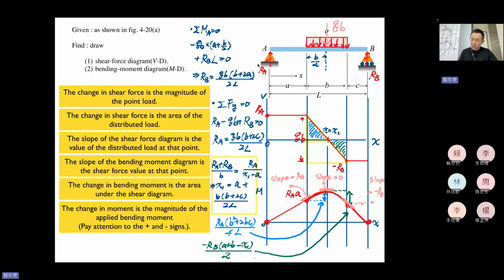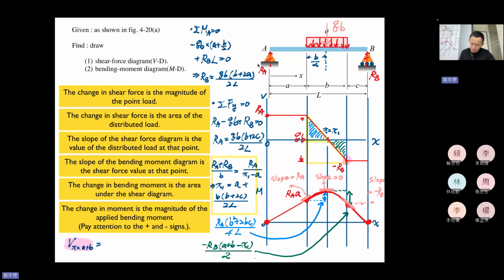Because I skipped that for the RB value. I forgot to do that. I'll write it down here. Okay, how to get the minus RB. I should write down like this: V at x equal to a plus b. So which means that this one. I should write it down. So the minus RB should be RA minus QB, right?